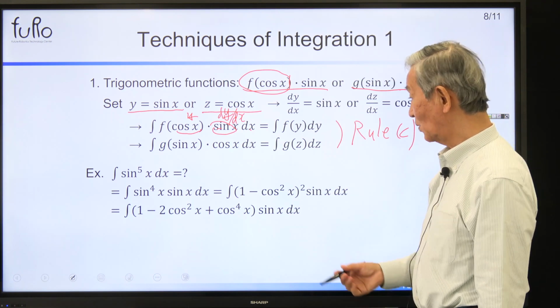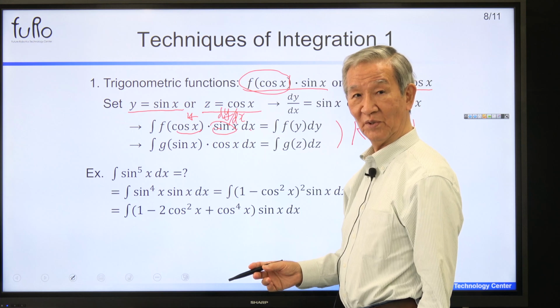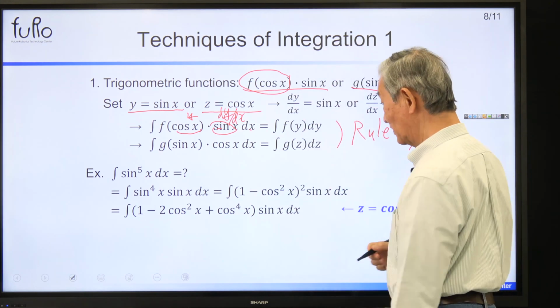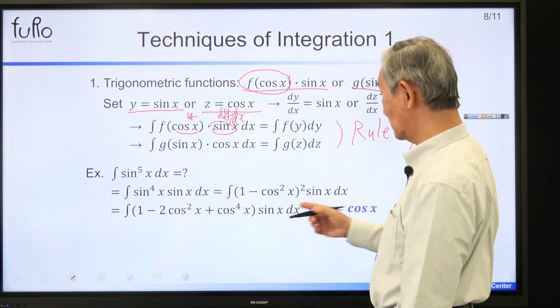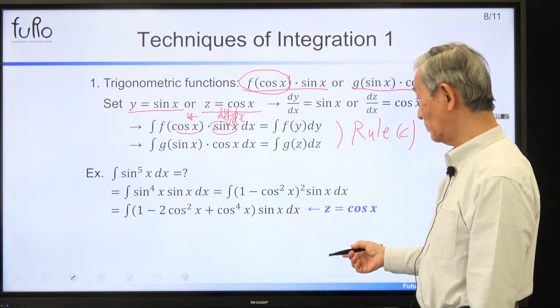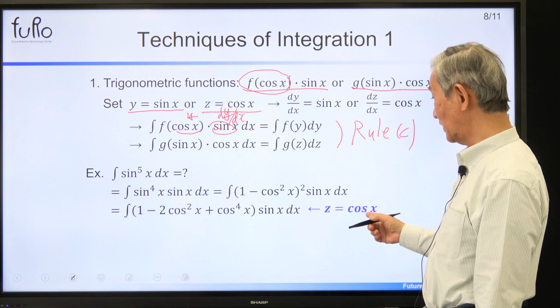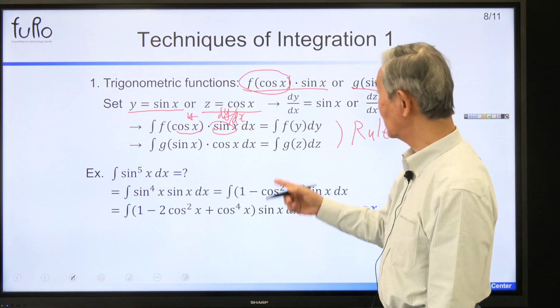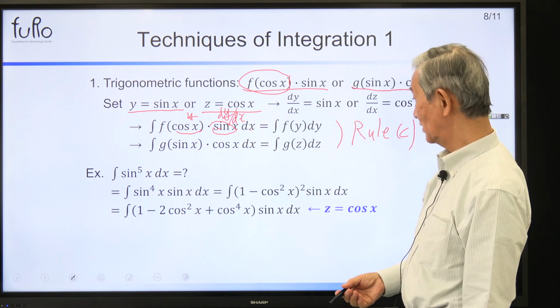Okay. So, what do you use? Linearity, yes. Rule A. So you can integrate this one separately, three of them, by setting z is equal to cosine x. Wait a minute.